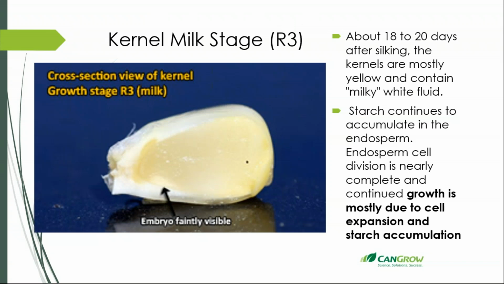About 18 to 20 days after silking, this is our R3 stage. Sometimes it may be up to 24 days. Starch continues to accumulate in the endosperm. The endosperm cell division is nearly complete, and continued growth is mostly due to cell expansion and starch accumulation.